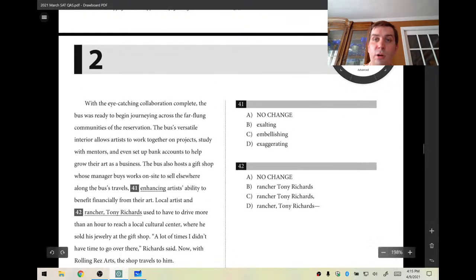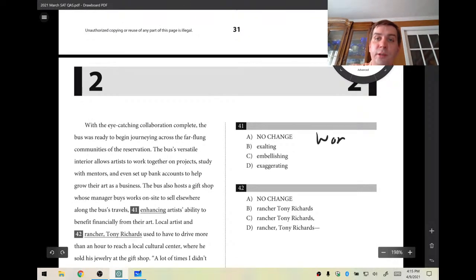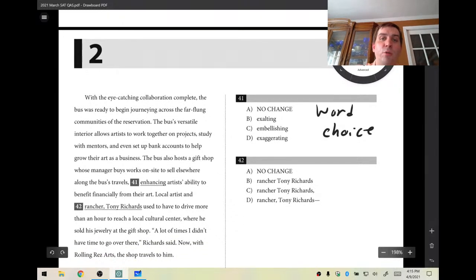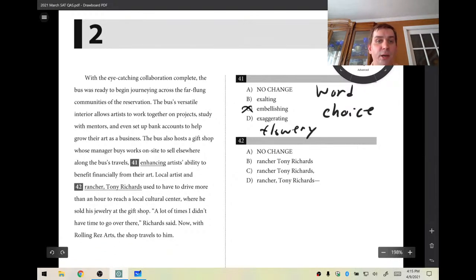So they are testing you on word choice, which is the most effective word choice here, which makes the most logical sense. Some of these will sound overly flowery and incorrect. Let's toss them out. Embellishing or exaggerating the artist, these make no sense and sound flowery. They sound informal. Flowery, informal.